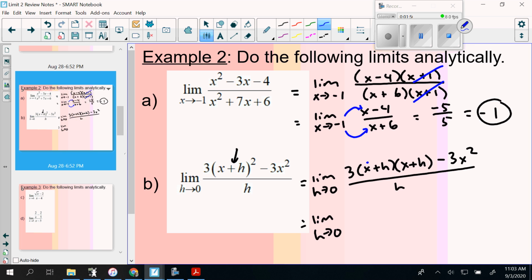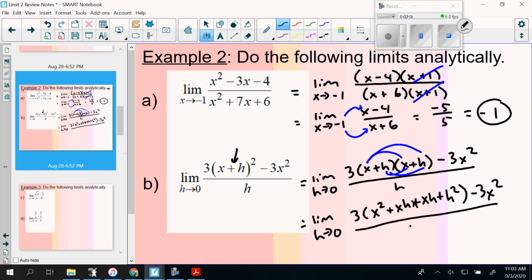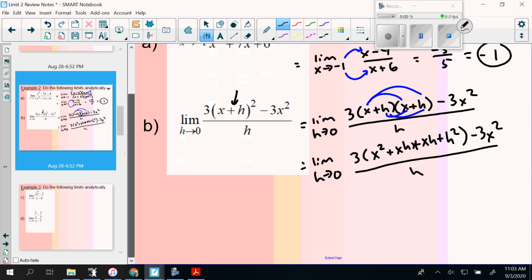Now let's multiply first, outside, inside, last. In doing that, that's going to give us x squared plus an xh plus another xh plus h squared. Now let's distribute through that 3. I'm also going to combine these two terms since they're the same.